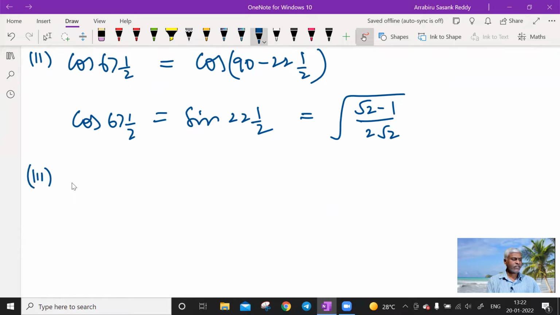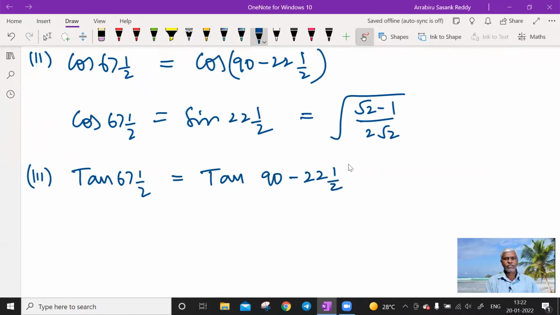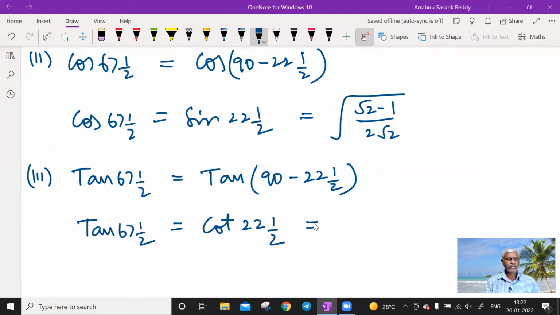So tan 67 and a half. This is tan of 90 minus 22 and a half. So this is equal to, tan 90 minus theta is cot theta. So tan 67 and a half is equal to cot 22 and a half. The cot value we have just found is root 2 plus 1.